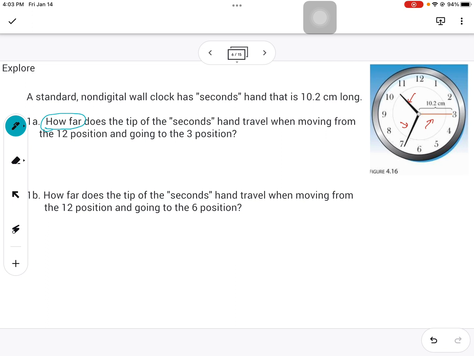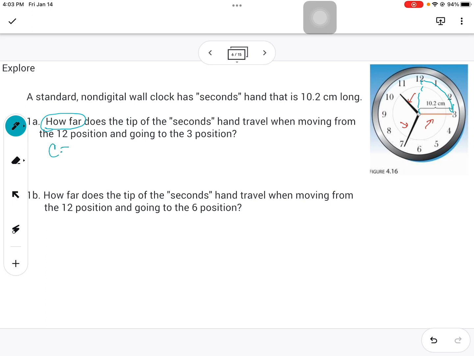So I'm thinking to myself, if I'm talking about the second hand, if it used to be up here at 12, I'm talking about the tip, and then it goes down to the 3, I want to know that distance. Now, since the clock is circular, you can see that distance is a piece of the circumference. So I'm going to use my circumference formula.